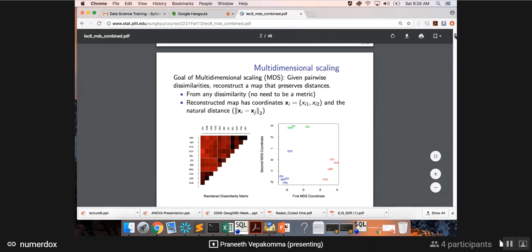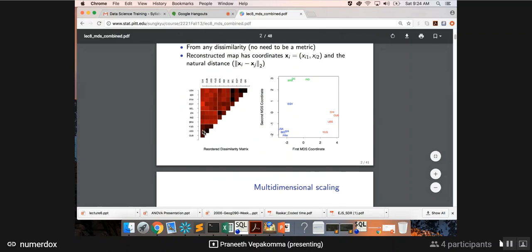So basically, I give you a bunch of data records, and then you can compute the similarity or dissimilarity or distance between the records, right? You can say these records are similar or different by computing some distance, for example, Euclidean. So if I give you this distance matrix, how do I plot the data in 2D or 3D, 5D, whatever dimension? So I give you this distance matrix, this is the left hand side. I want to plot it.